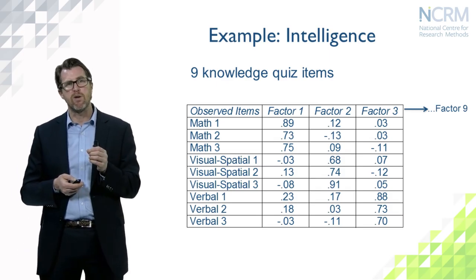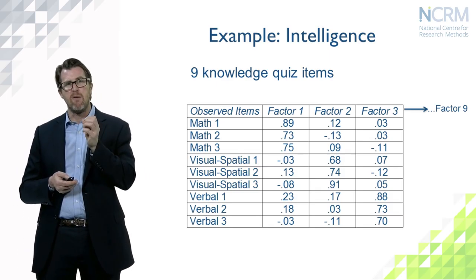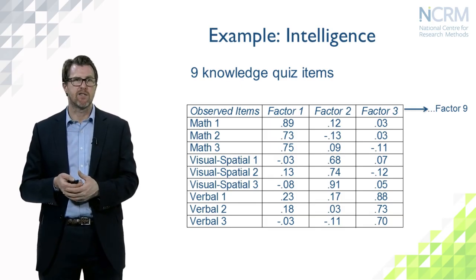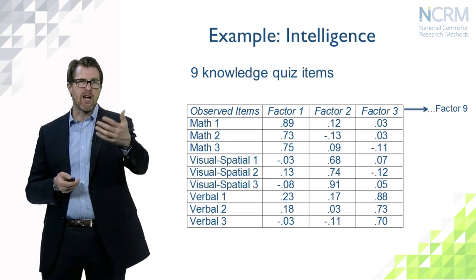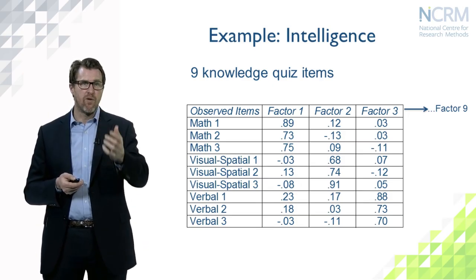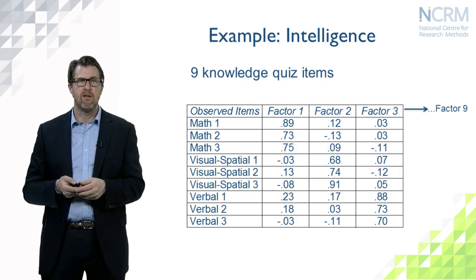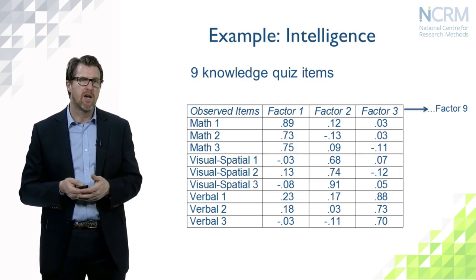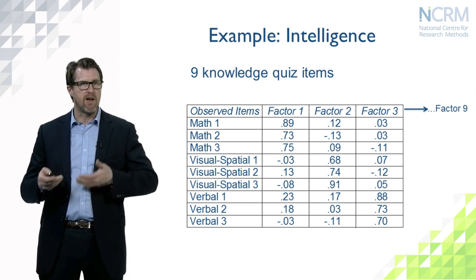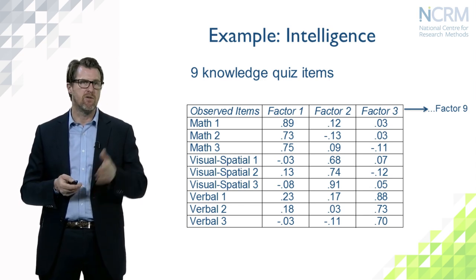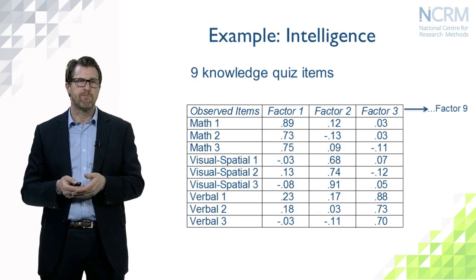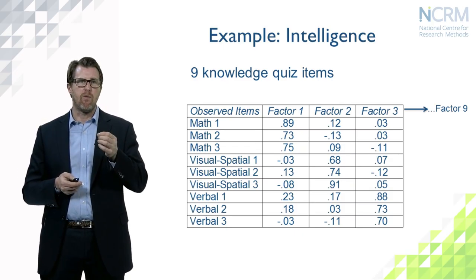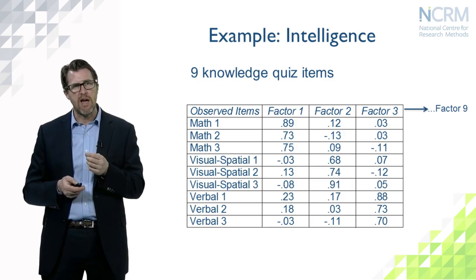So the first thing that we would need to do would be to implement some judgment about how many factors to retain. Now, in this case, you can see that 3 factors have been retained in this model, and that may have been based on one of these heuristic guides around amount of variance explained, or some kind of plot, like a scree plot.